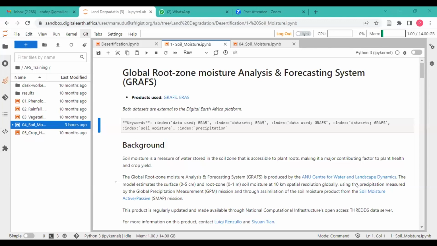It also makes use of the precipitation data measured by the Global Precipitation Measurement, and it uses that to estimate the soil moisture based on the Soil Moisture Active Passive, that's the SMAP mission.